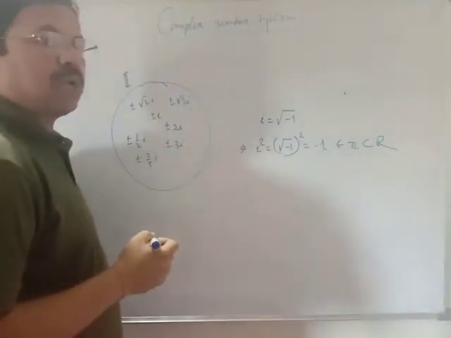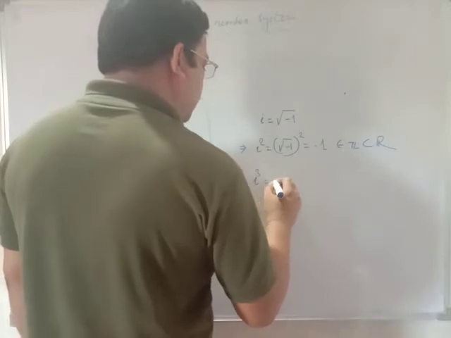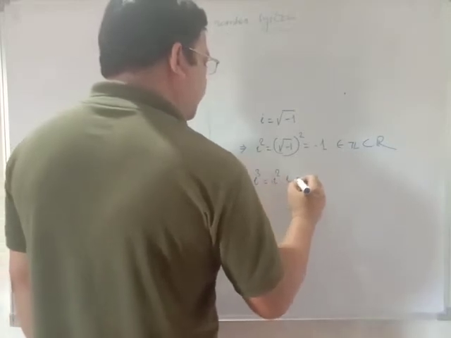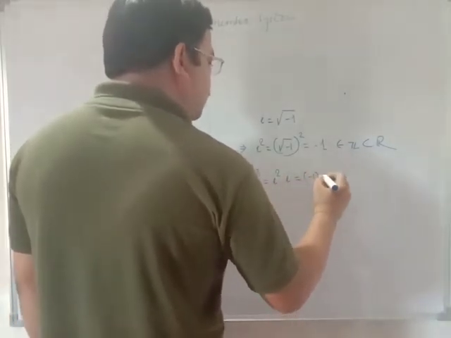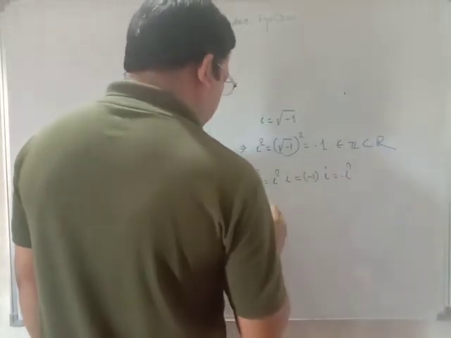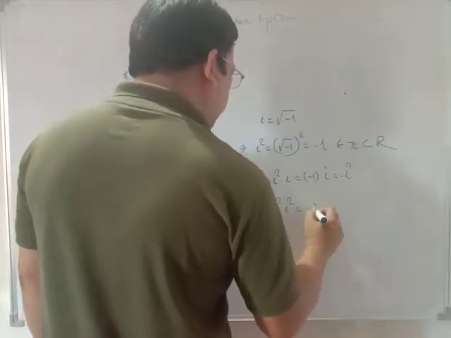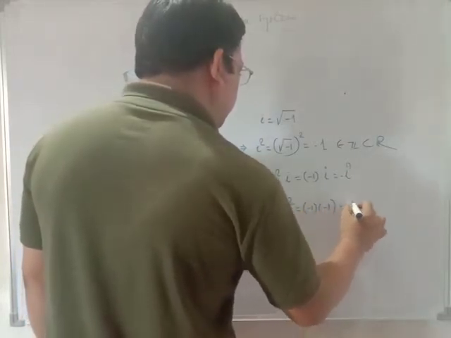So I square is a real number. I cube is equal to I square into I, which is minus 1 into I, equal to minus I. I to the power 4 is I square into I square, equal to minus 1 into minus 1, which is 1.